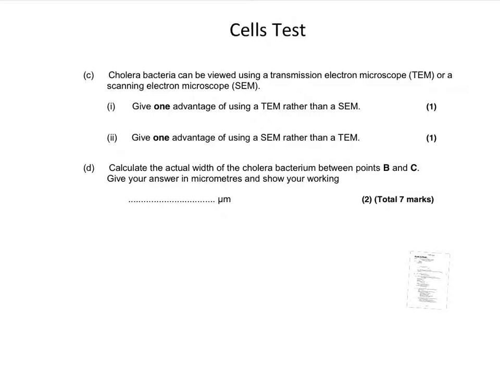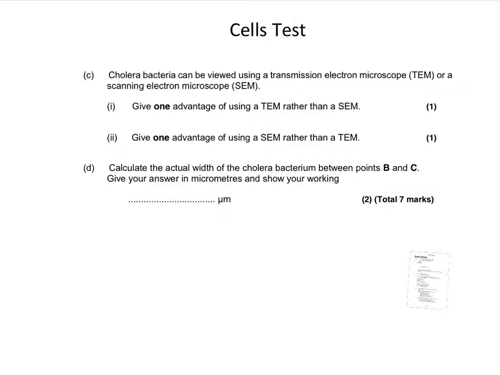So on to C2, give one advantage of using an SEM rather than a TEM. Well, first of all, you don't have to prepare thin sections, okay? The SEM shows the surface in great detail, which is an advantage. But the main advantage I think that most of you will get is that you can have a 3D image.